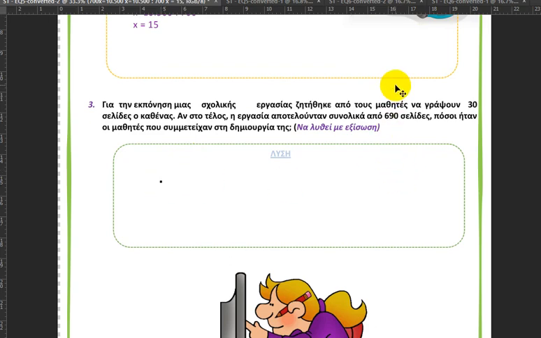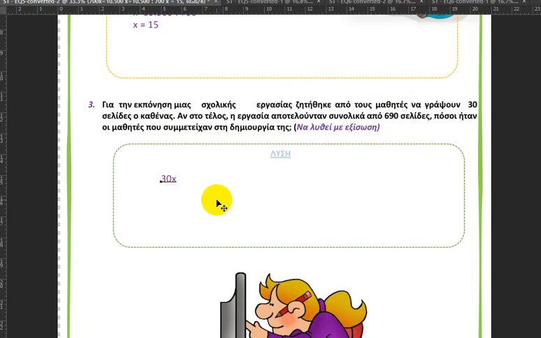All right. So for some schoolwork, students had to write 30 pages each. The final work had 690 pages. So how many students were there?